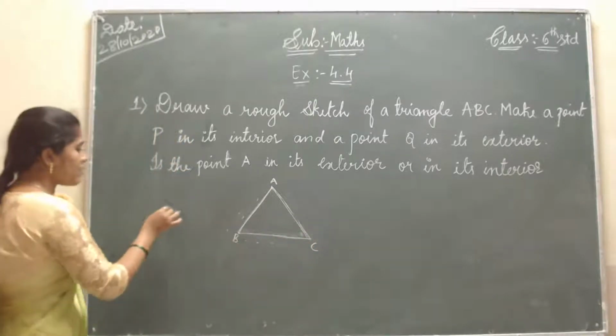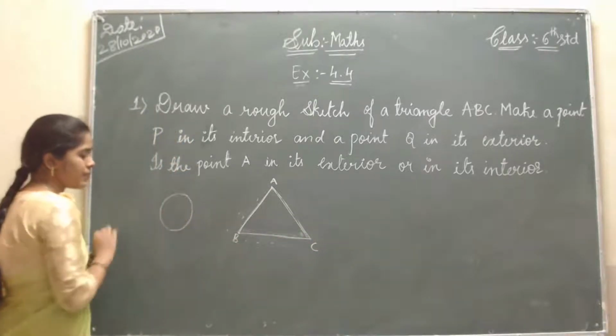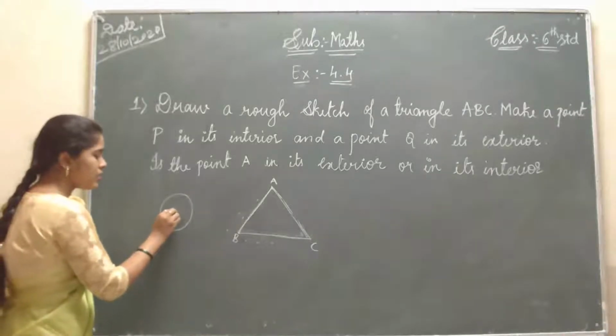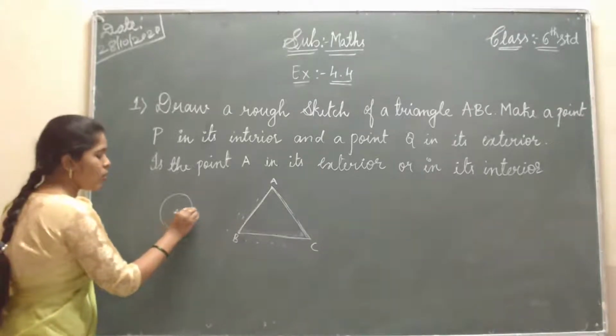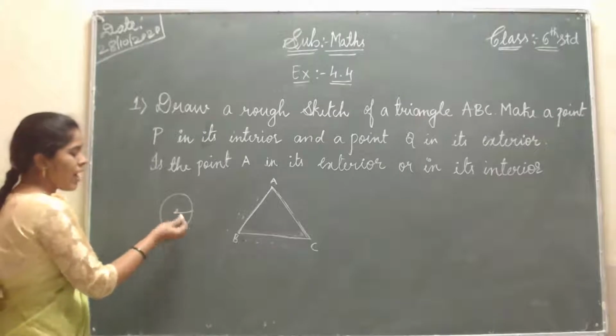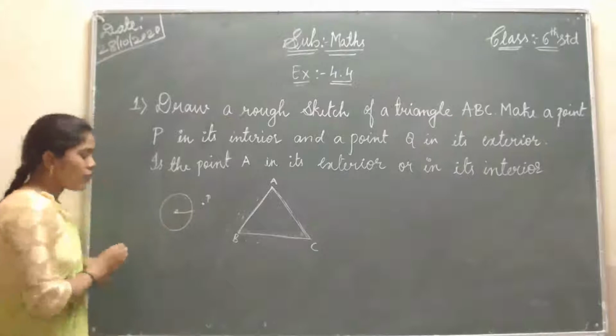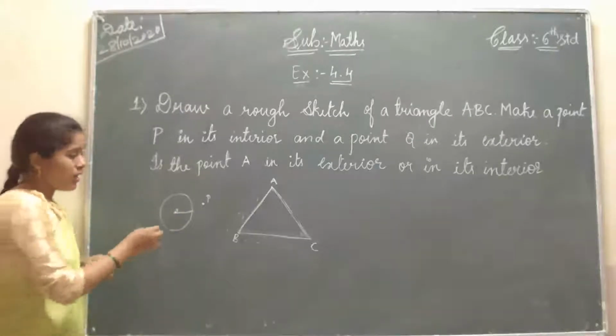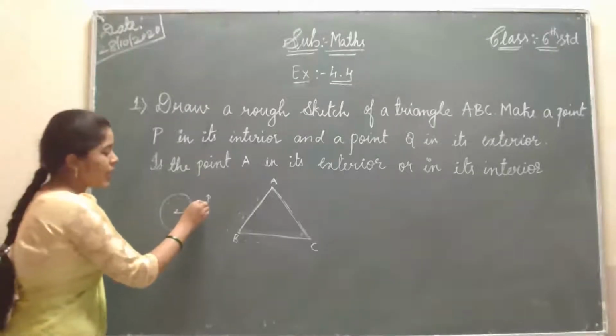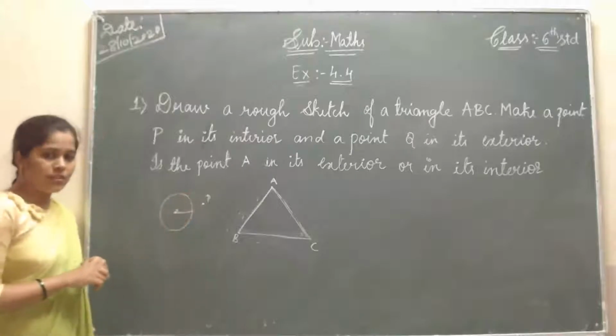See another example. This is a circle. Here the center is O, and this is the radius. And here is P. So here O is an interior point in the circle and P is an exterior point outside the circle.